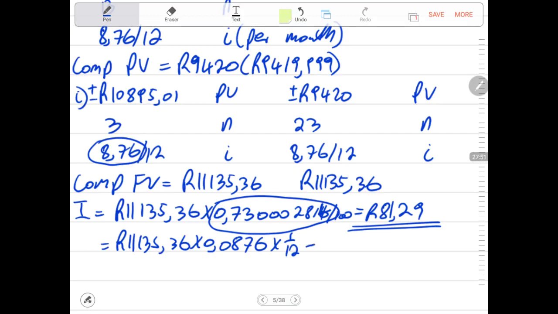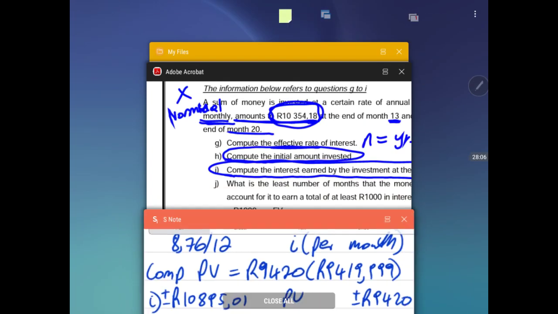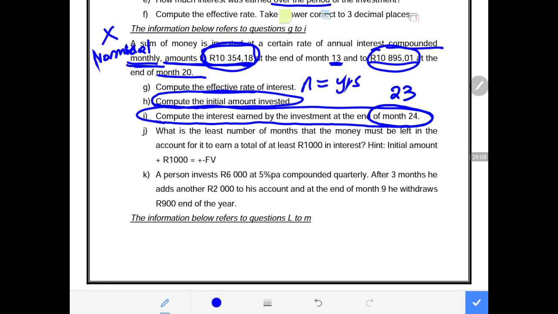We still get to the same amount, 81 rand 29 cents. So once again, either way you do, that will not matter. That is the second last question from this batch of questions up to J.